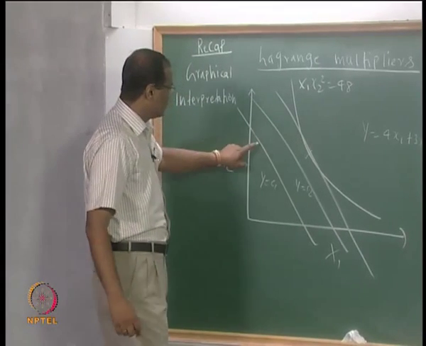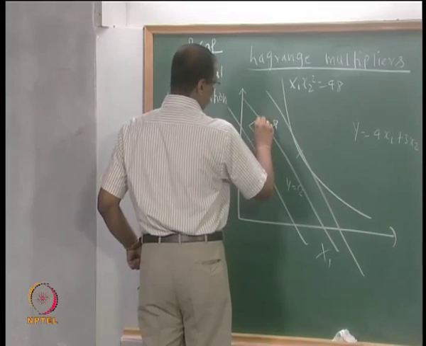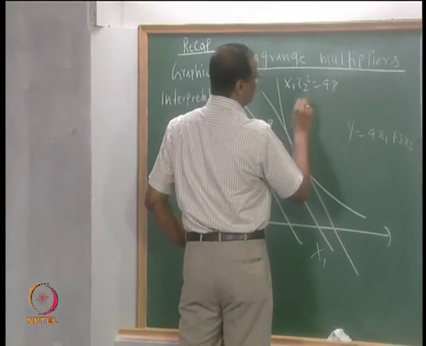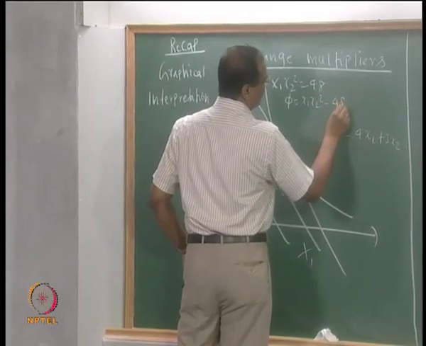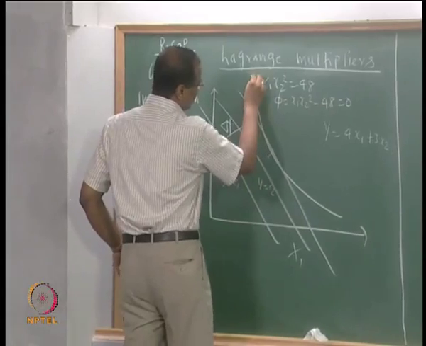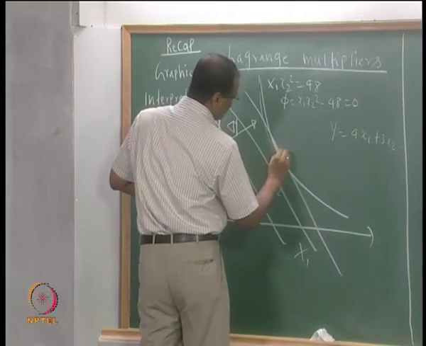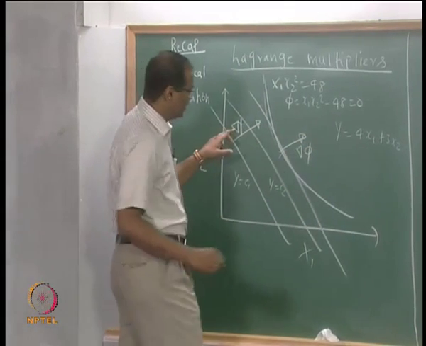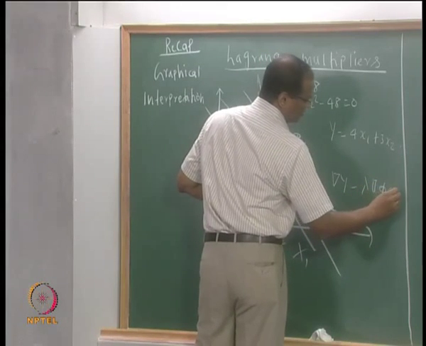These are all constant y lines, so this is delta y. This is the curve corresponding to phi equal to 0, therefore this will represent del phi. So we are saying that del y minus lambda del phi equal to 0.